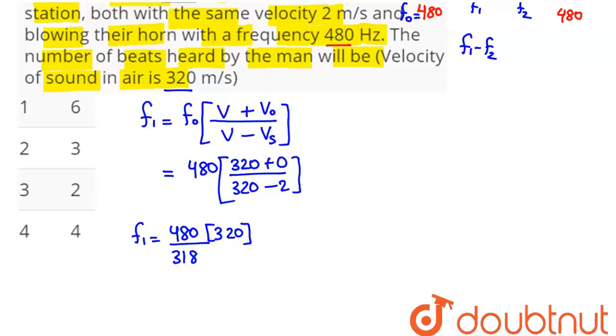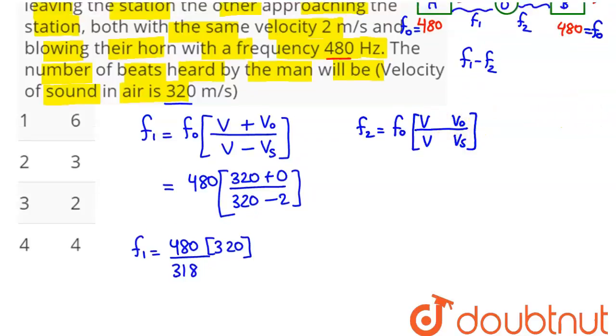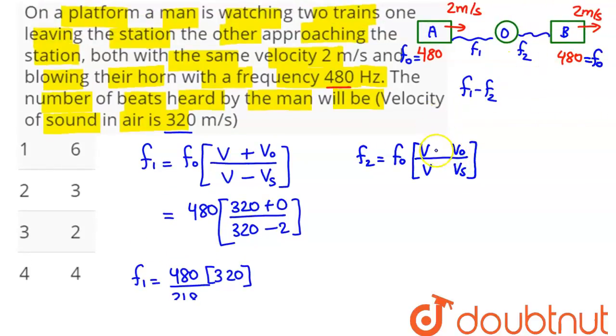In a similar manner we can calculate F2. F2 will be given by the same formula, where F0 is the actual frequency emitted by train B, V is the velocity of sound in air, which is 320, velocity of observer is VO and that of source is Vs. Since train B is leaving, the frequency becomes less, hence the numerator is minus and the denominator is plus.